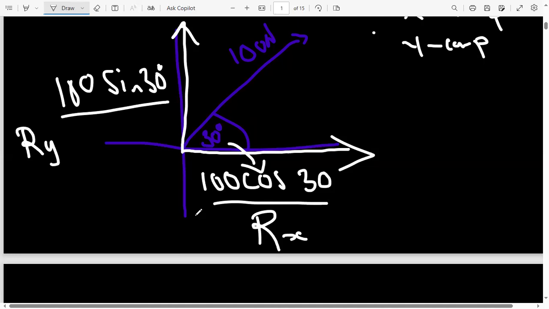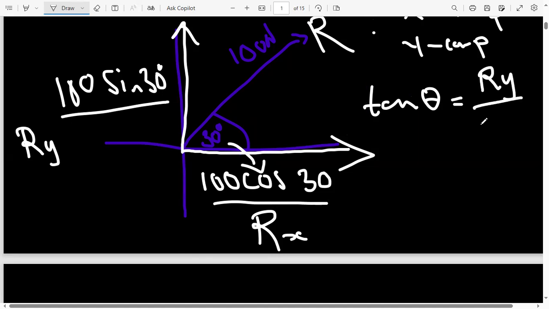If we want to find the direction of this resultant vector, R, you have to use this formula: tan of the angle, which is 30 there, equals the y component on top, and down there you have your x component.